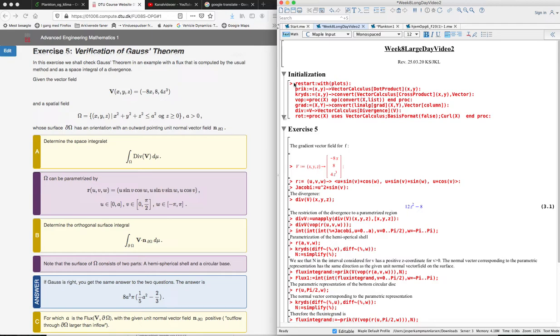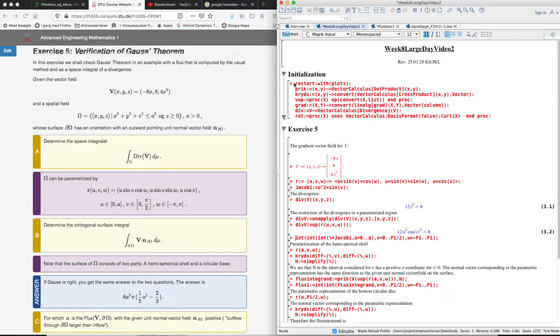We turn the divergence into a function by using the unapply command, and then we restrict the divergence to our parametric representation of the hemisphere. It is given like this, and then we integrate this divergence multiplied by the Jacobi function, from 0 to a, from 0 to pi half, and finally from minus pi to pi, and this will be the hemisphere.